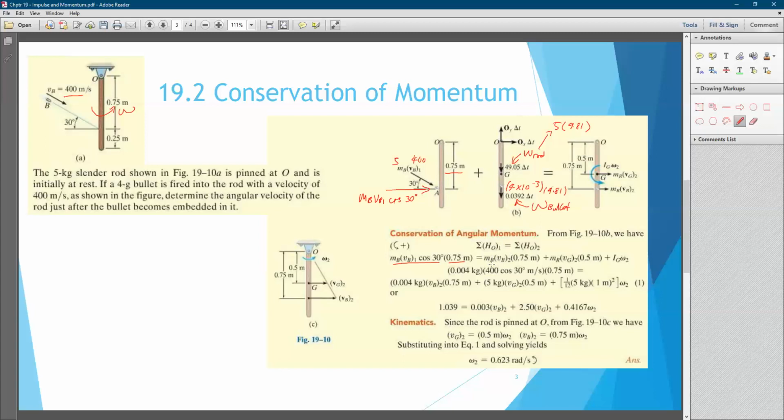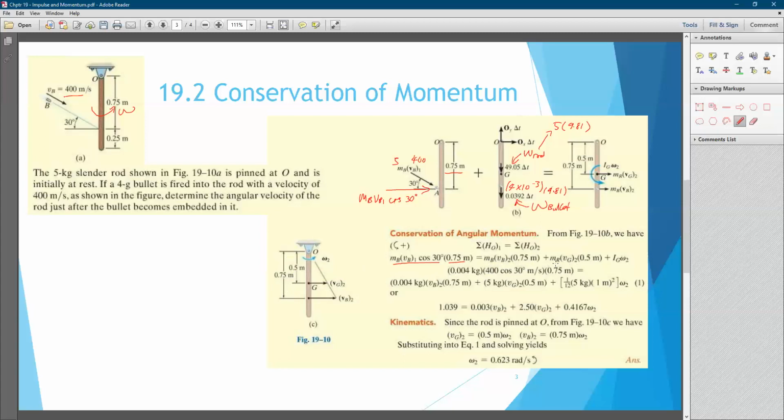So MB, VB2, right after the impact, multiplied by 0.75 from this point O, because it sticks here. That is the momentum due to the bullet, and also the momentum of this particular rod which will swing.